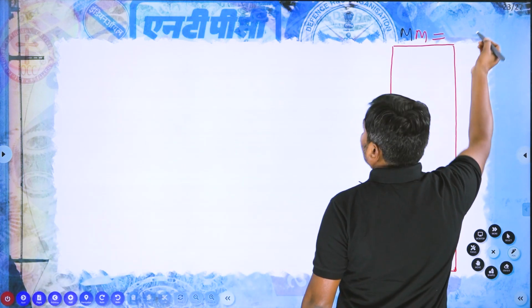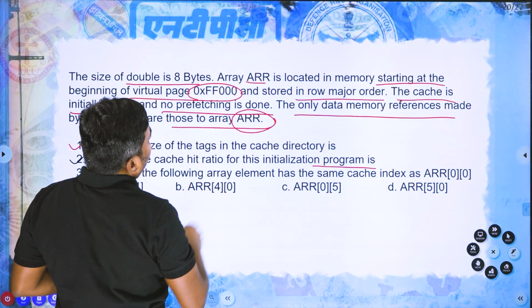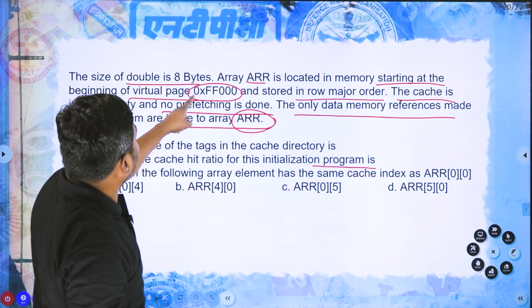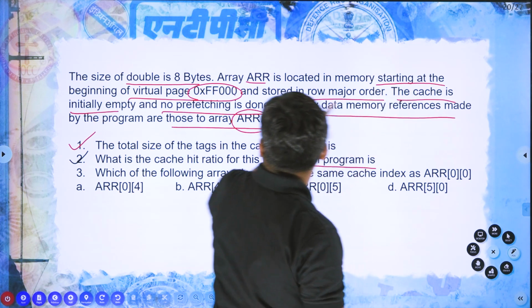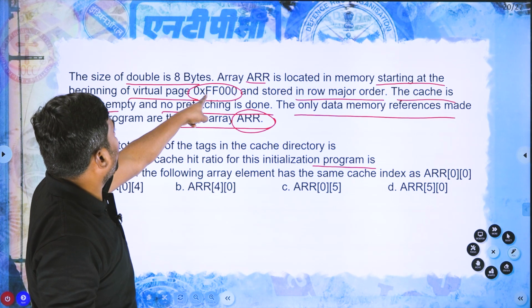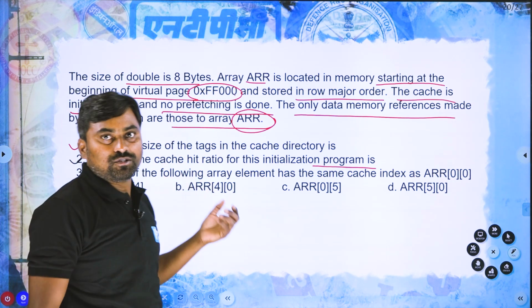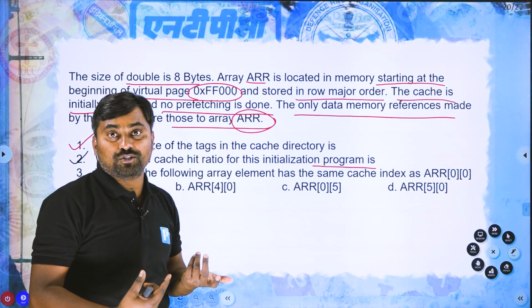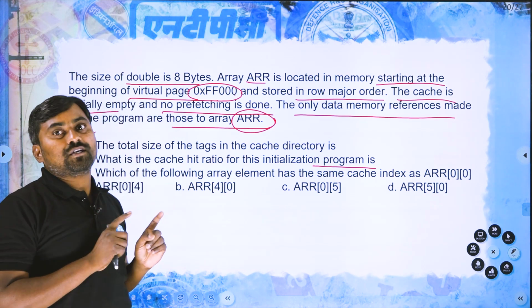If you have a doubt, you can see what they given. Main memory starting at the beginning of the virtual page number. Virtual page number has 5 digits, each digit 4 bits, so we get 20 bits. 20 bits means 2 power 20, 1 million pages.